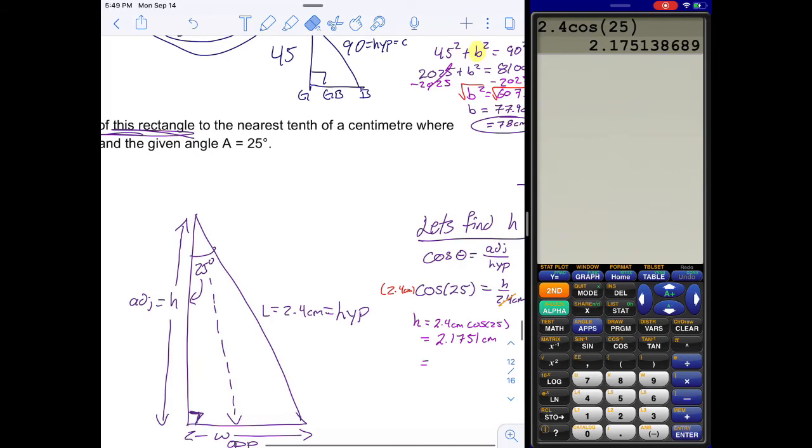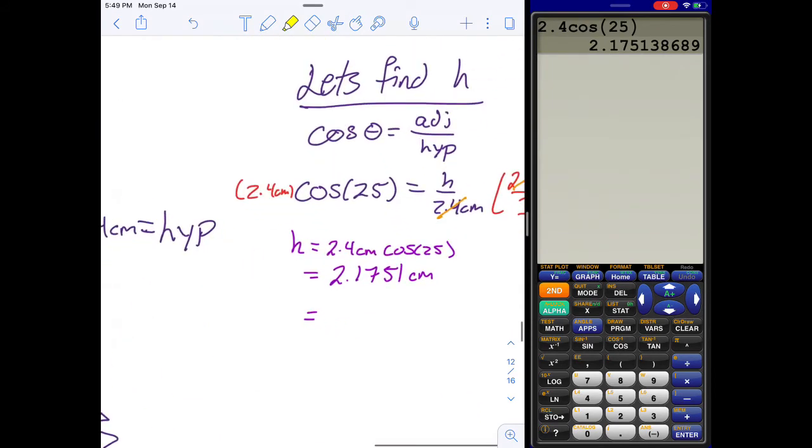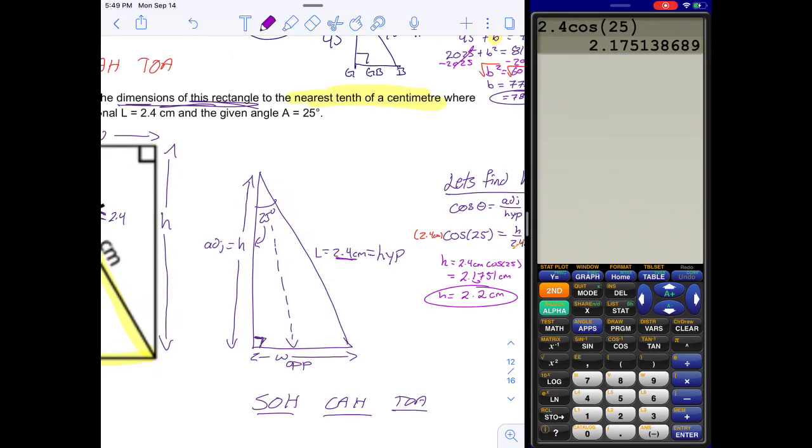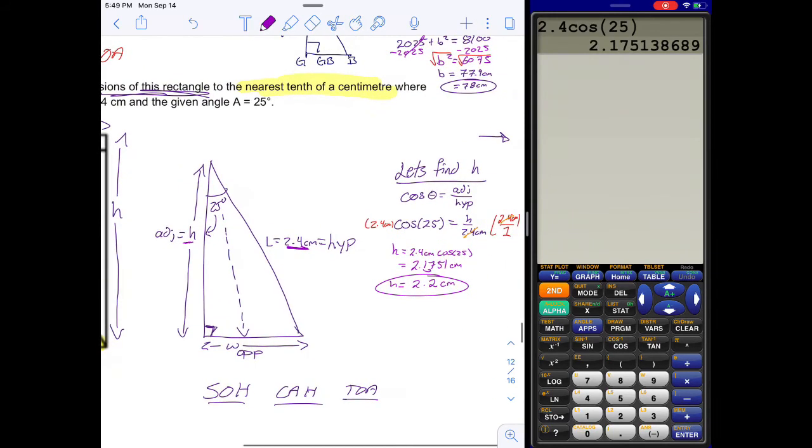So always check what it tells us to round to: the nearest tenth of a centimeter. The tenth is the 1 decimal place. So it's 2.2 because the number beside it is 5 or greater, 2.2 centimeters. That's what h is. And you can kind of check your answer. Remember, the hypotenuse is the longest length in a right triangle, so that means h has to be a little smaller.